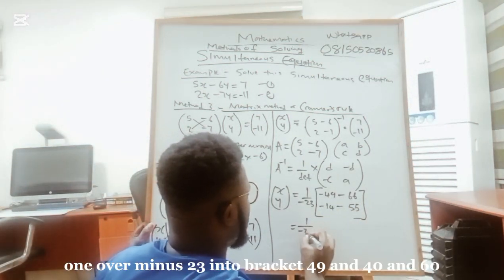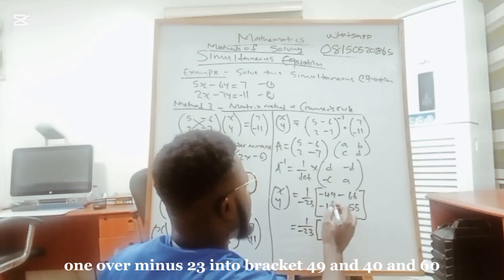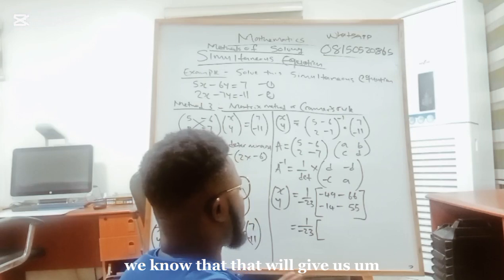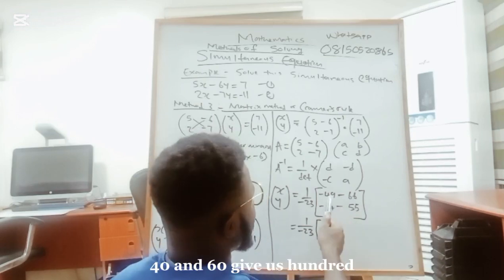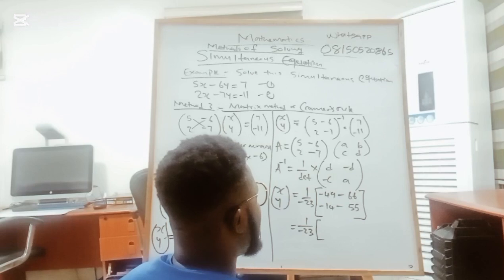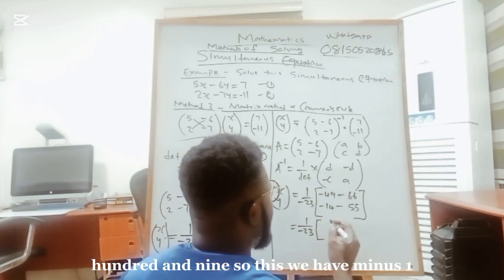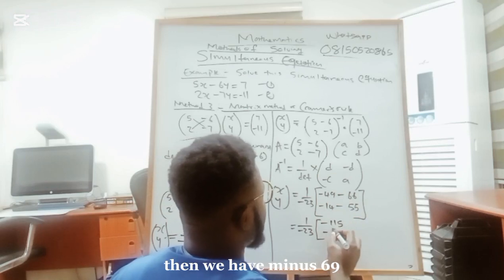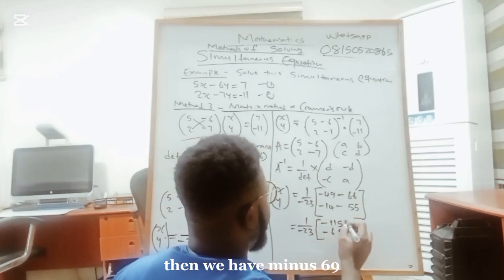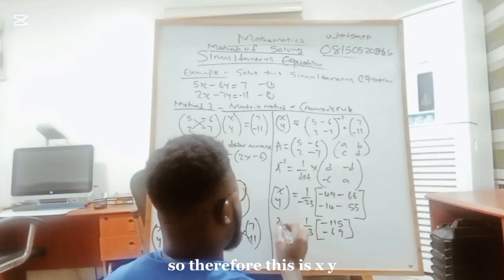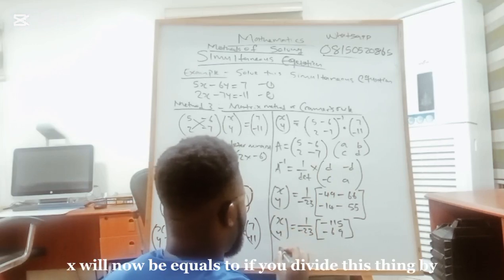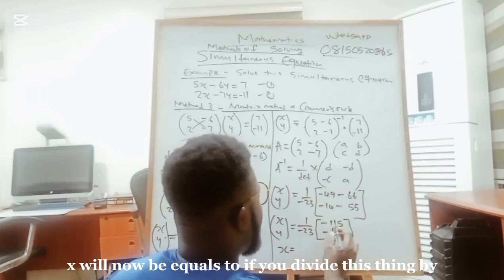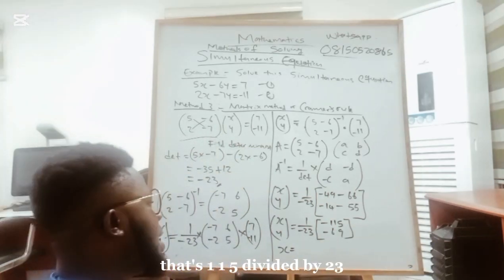1 all over minus 23 into bracket, 49 and 66, we know that will give us 115, so this we have minus 115, then we have minus 69. So therefore this is x, y. x will now be equal to 115 divided by 23.